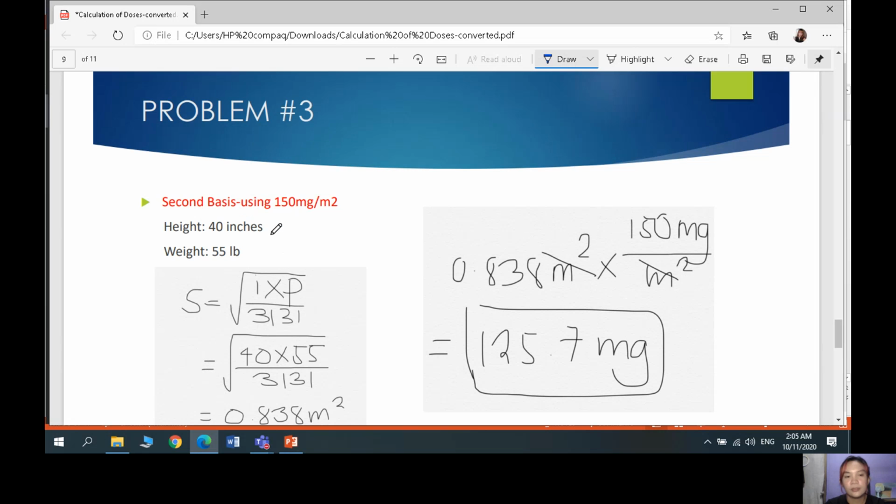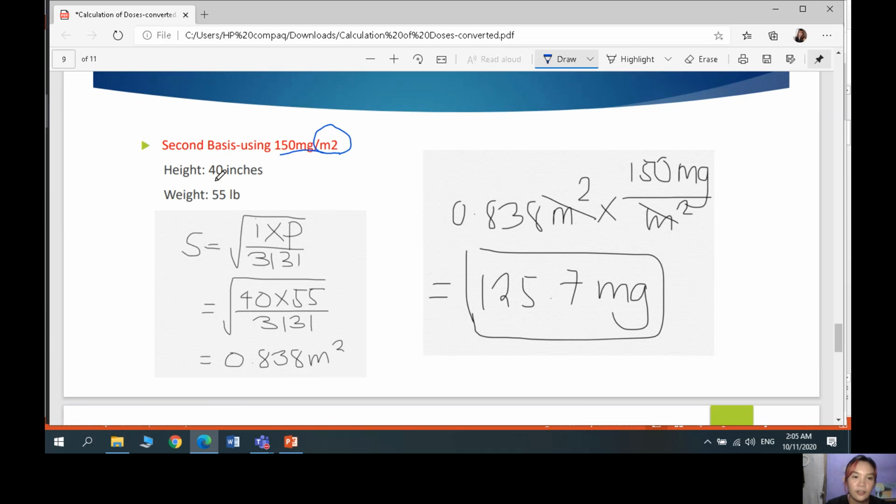And then the second basis uses 150 mg per meter squared. And since it has meter squared, we are going to find the BSA. So the given height is 40 inches, and the given weight is 55 pounds.